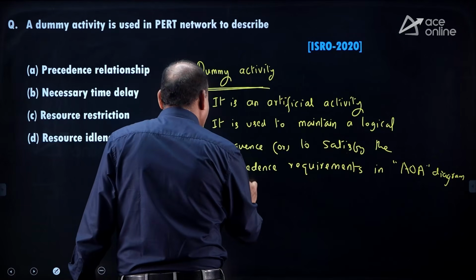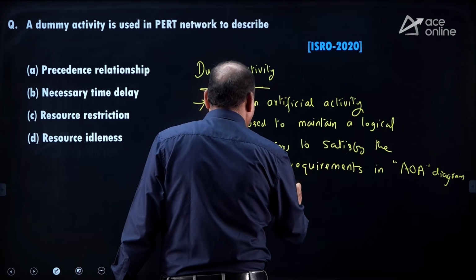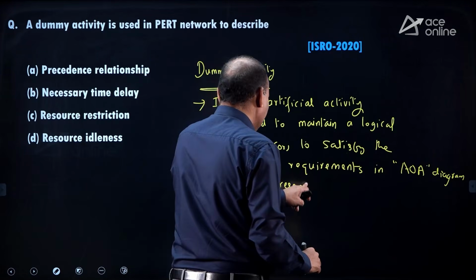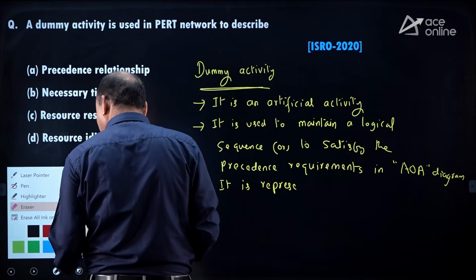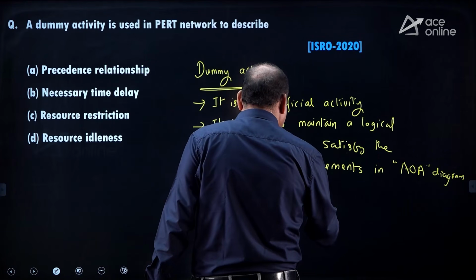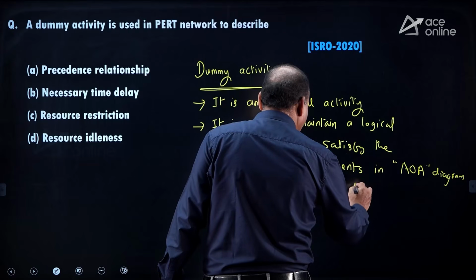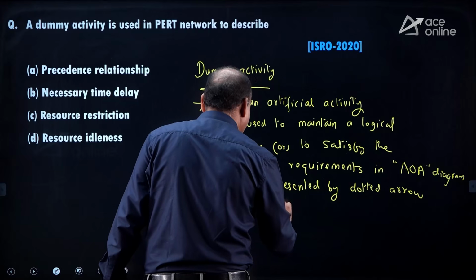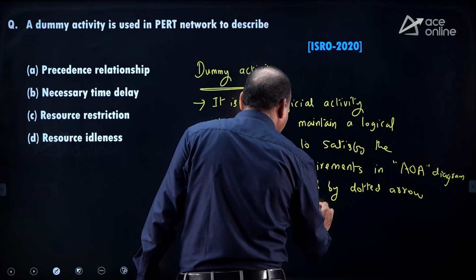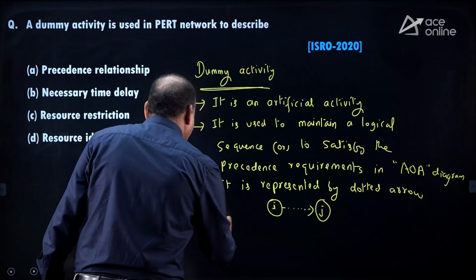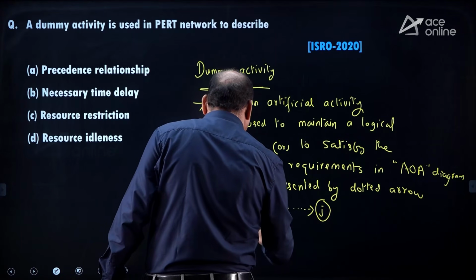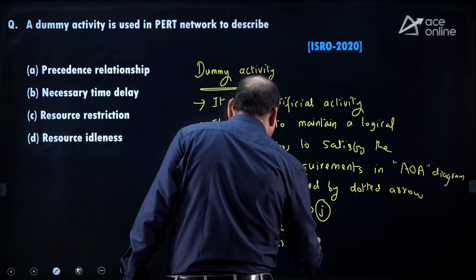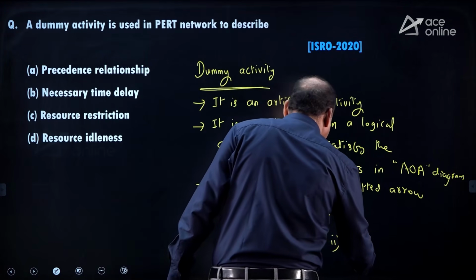It is represented by a dotted arrow, like from I to J. It consumes 0 time and 0 resources.